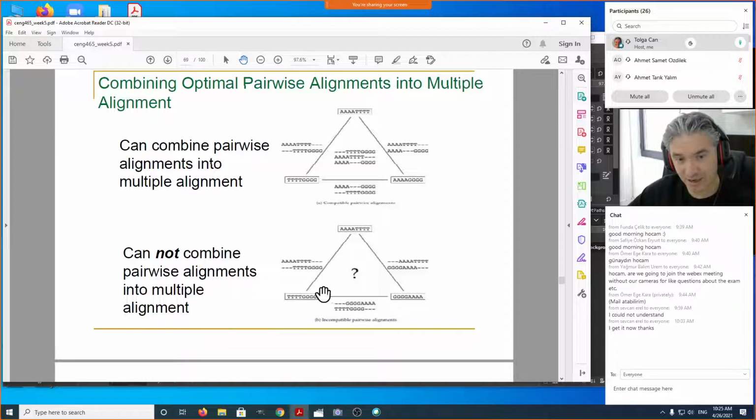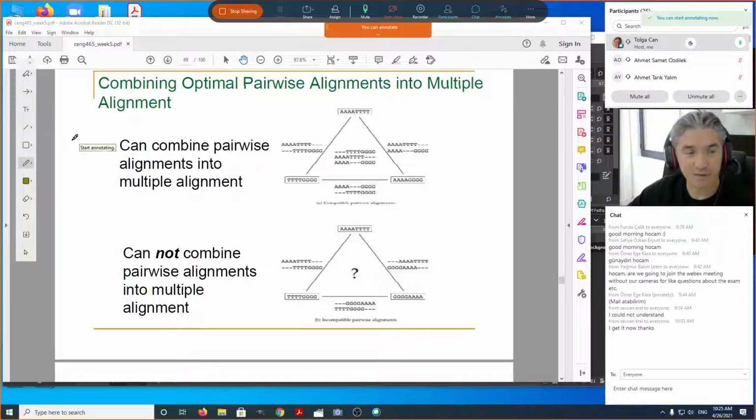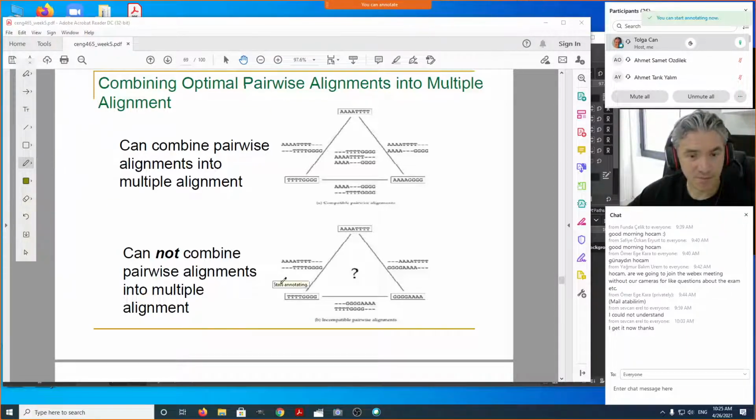that are sticking out here for this sequence, because these T's, in order to align these two T's, let me write it here again. Let me try to annotate with the pencil. So what I'm saying is that let's put these T's. I have four T's which are aligned like this. So the fourth one is above here.